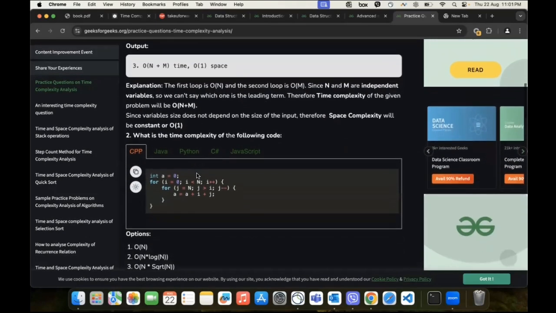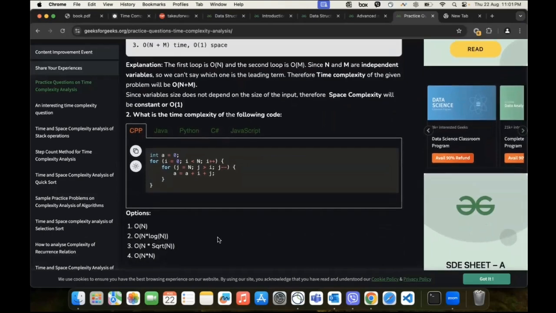Second problem. So this one is n square. n into, no, this is j greater than i, no?